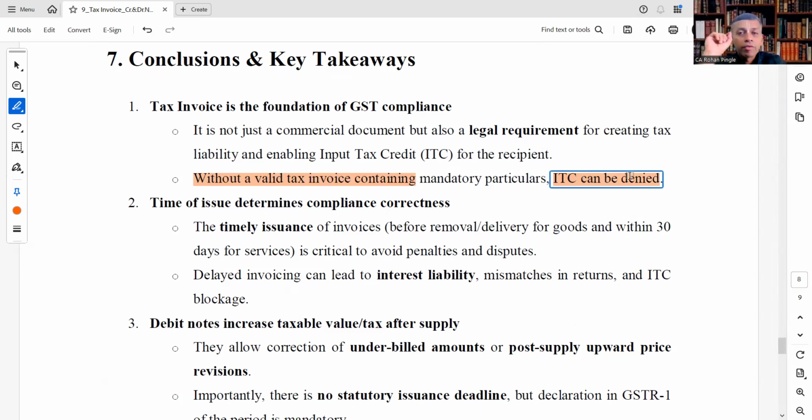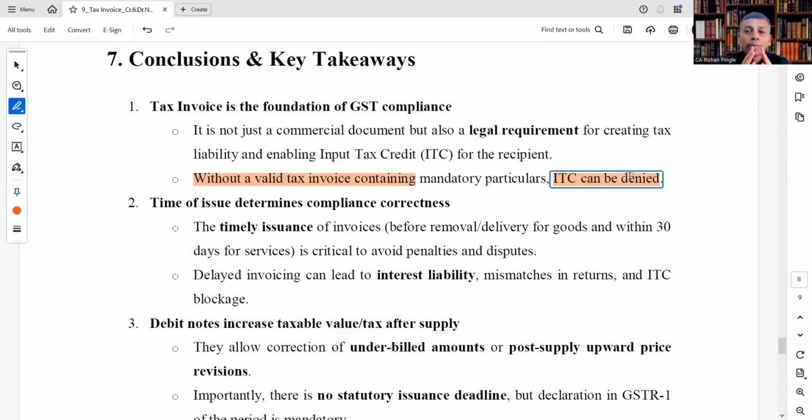If the department, in any assessment, finds that the tax invoice a recipient used to claim his or her ITC does not have the mandatory requirements as per the Act, then it can be denied.